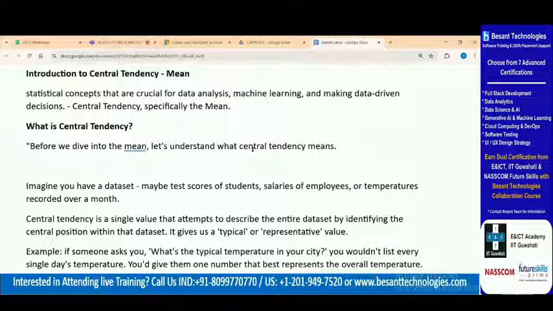For example, if I ask you what is the temperature today, you specify a single value, no? If I ask you what is the IMDb rating of a certain movie, you are representing some value. That value is acquired from a group of values. For example, how IMDb is calculated: n number of people are giving reviews, and altogether they are grouped and a single value is acquired. That is your central tendency.